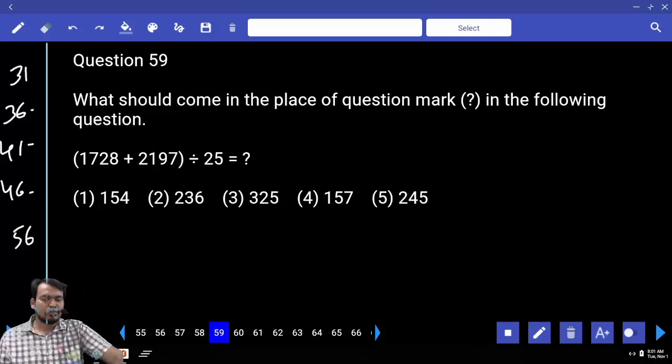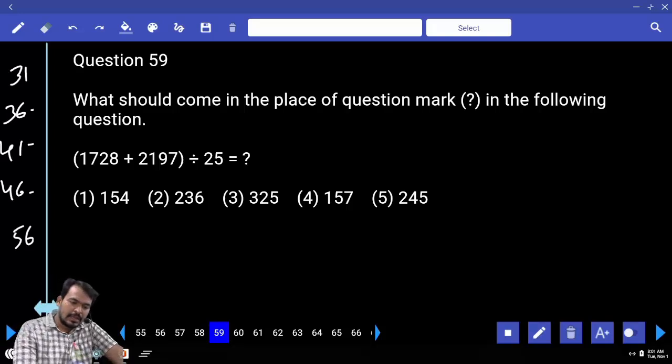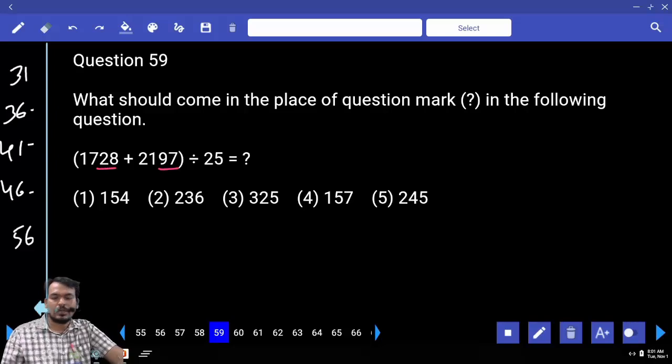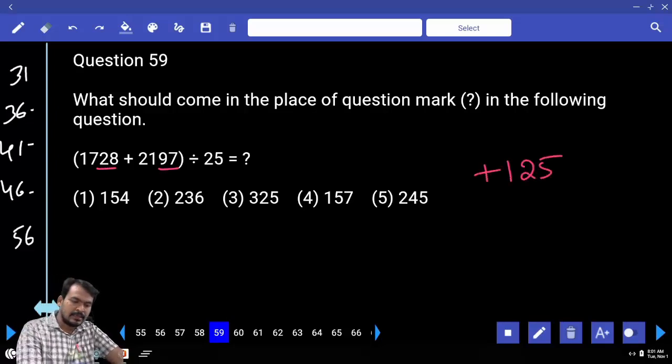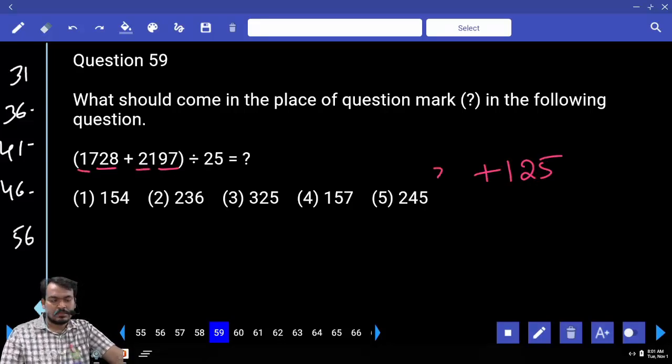Next, question number 59. First priority, the numerator bracket values: are we adding or subtracting? Adding. 97 plus 28, 125, or not? Next, 1700 plus 2100, 3800, or not?